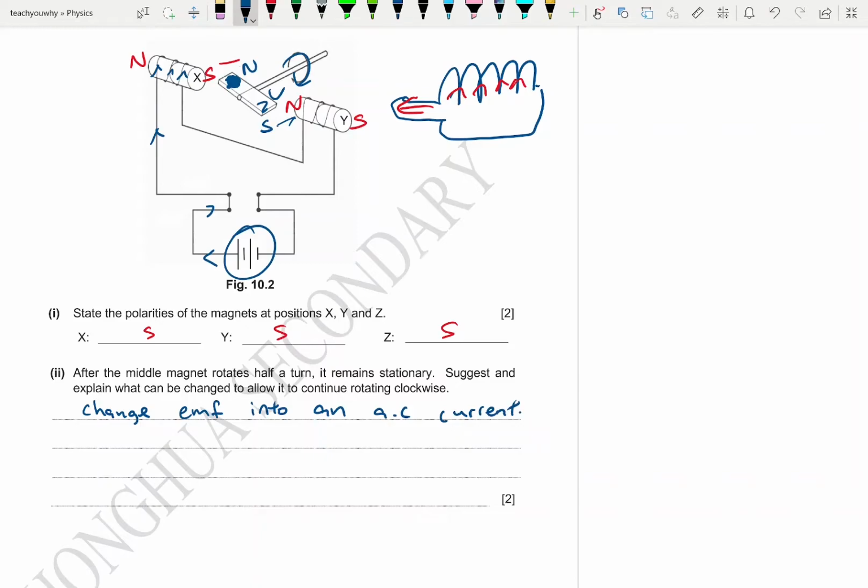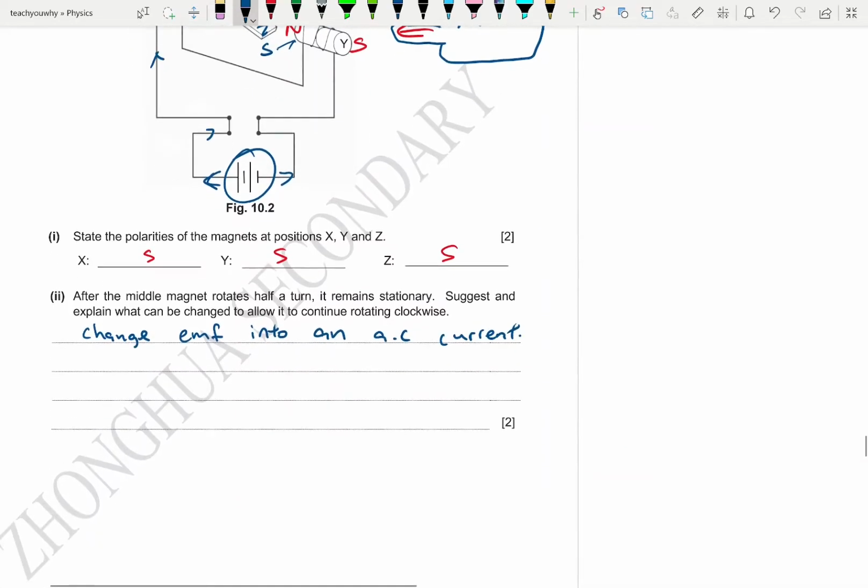Because when you change to AC current, it allows the current to go left and right. Which means that all these magnets here will be able to change polarity, allowing this magnet to also change and continue to rotate. Okay, change the EMF into an AC.